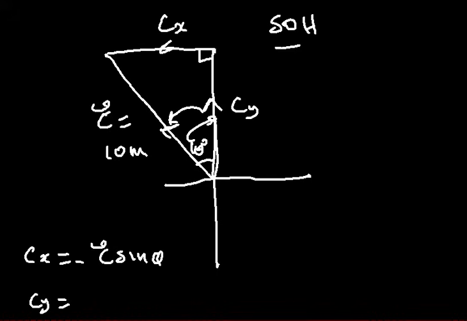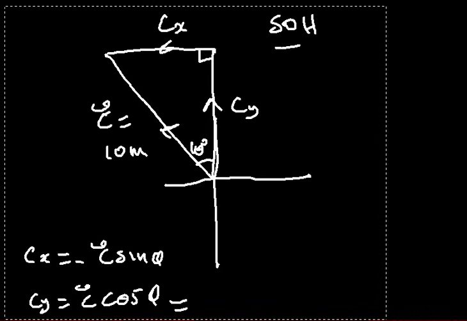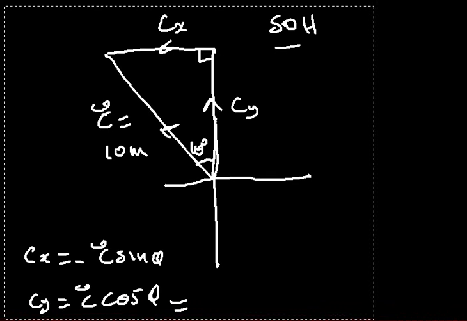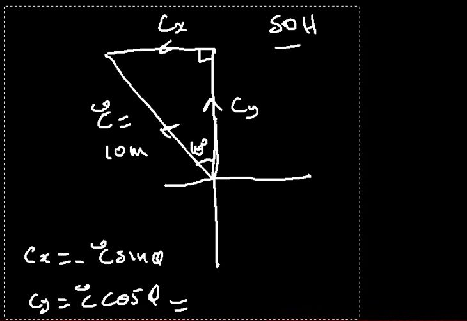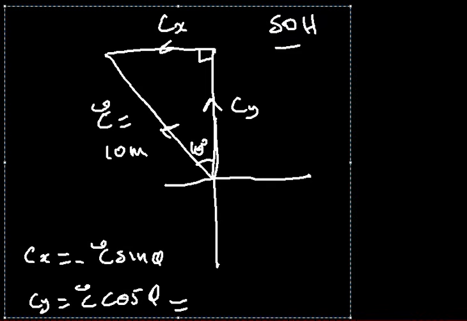What is that one? That is cos theta. So since it is pointing upwards, we'll have it as positive. So have vector C times cos theta. So you need to be very careful with that one. You just have to understand the trigonometric ratios, the way they are working. Then you'll be able to have it right in the correct way.